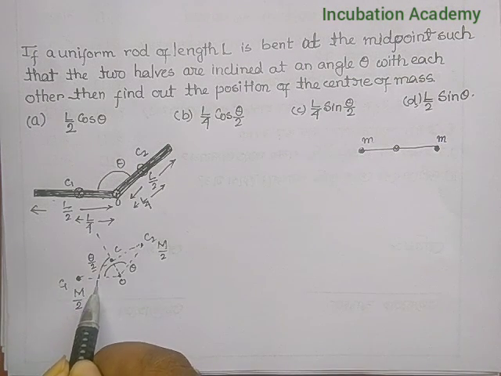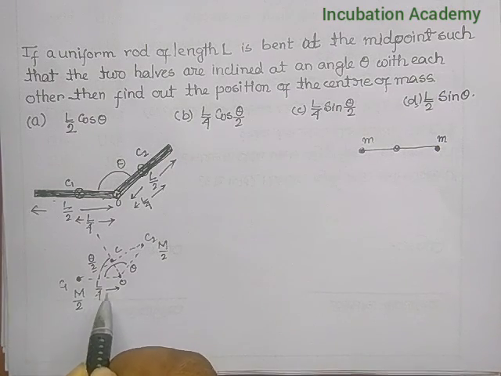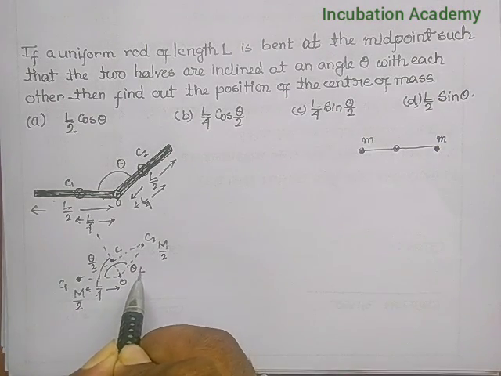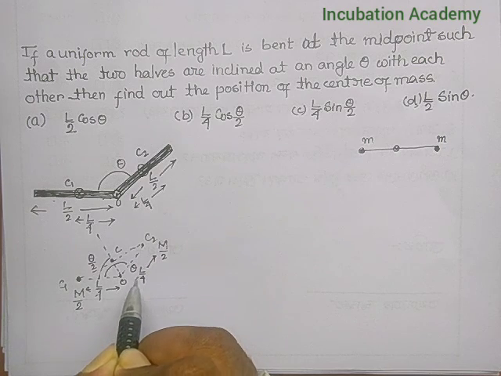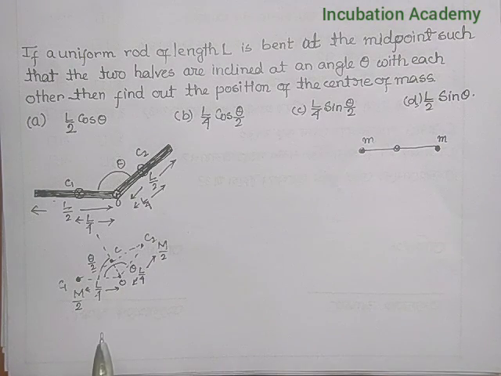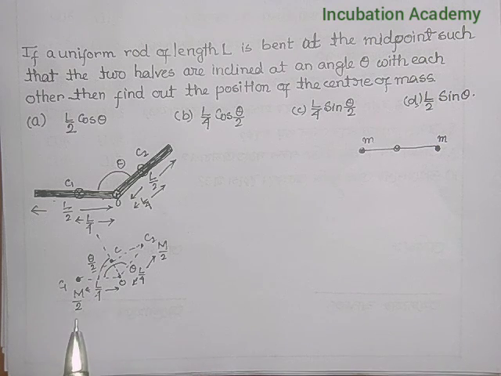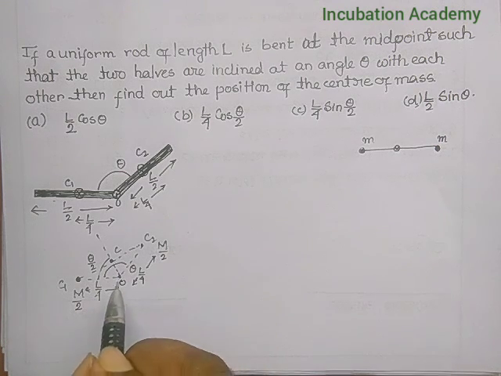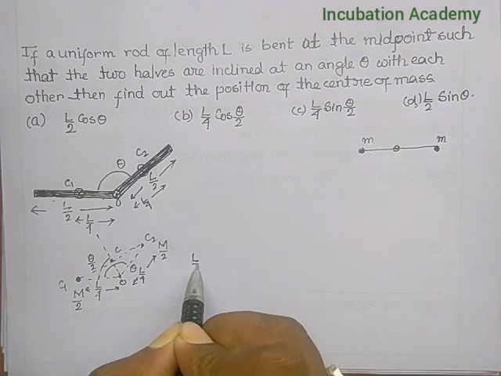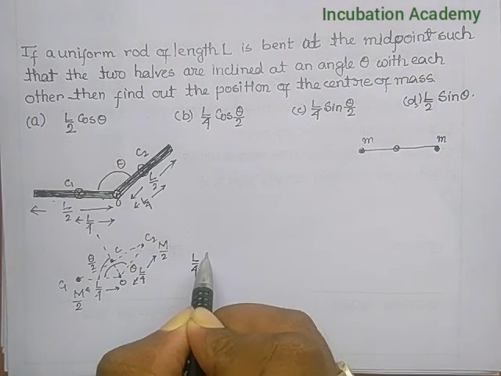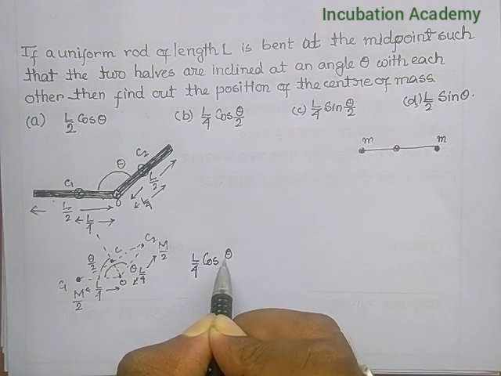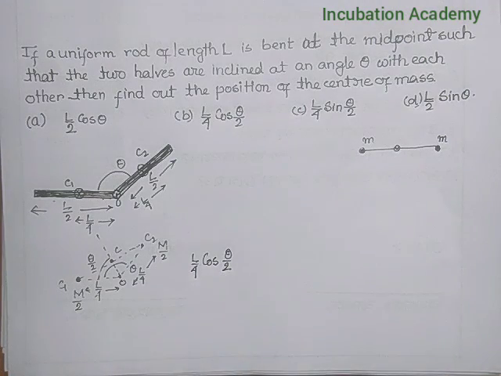Now since this length is L by 4 and this length is also L by 4, the position of C, or we can say OC, can be denoted from O as L divided by 4 cos theta divided by 2.